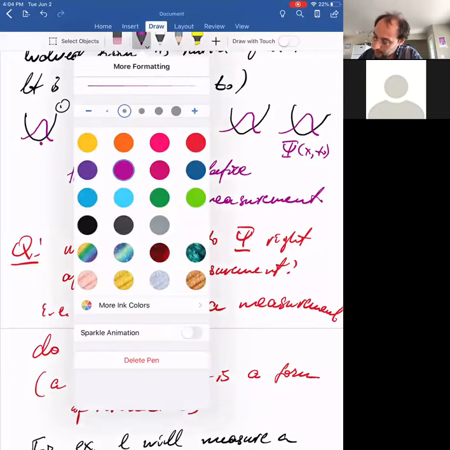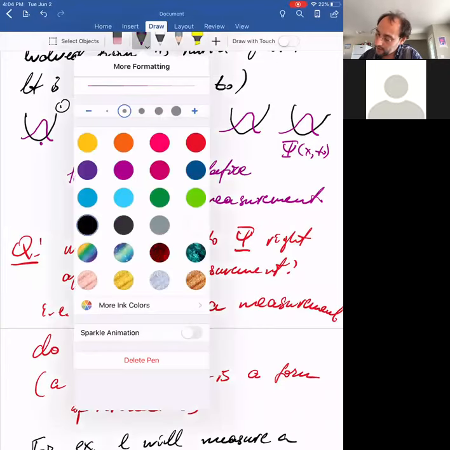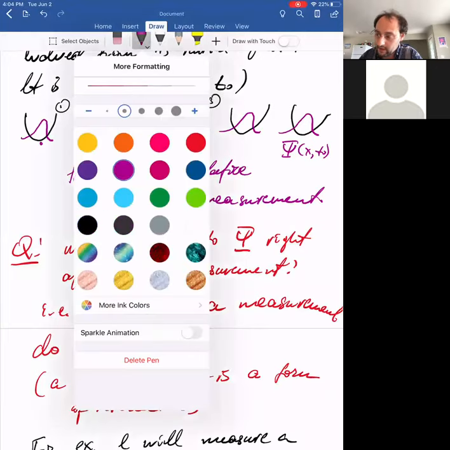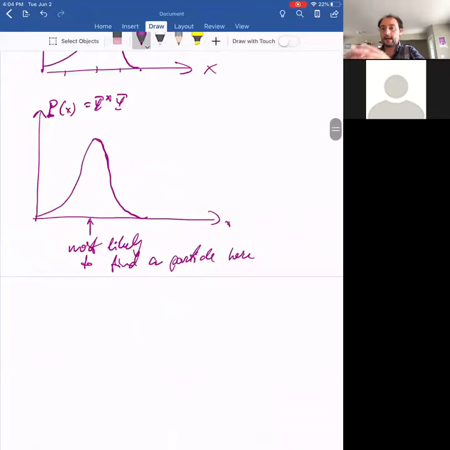I perform a measurement, and boom, I find the system here. System 3, okay, you're next. I'm going to perform the position measurement, for example, like a film in a double slit experiment. Boom, I find it here. And so on. Fourth, here. Fifth, here. And I will end up with a histogram of particles, and that histogram will be given by this probability distribution.